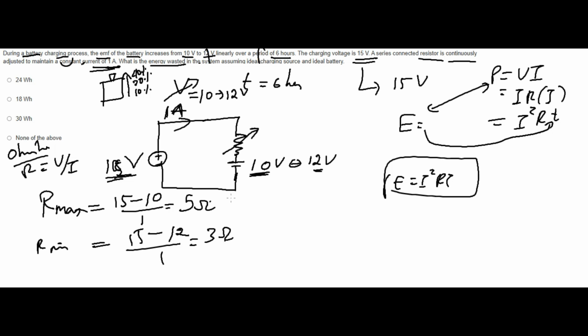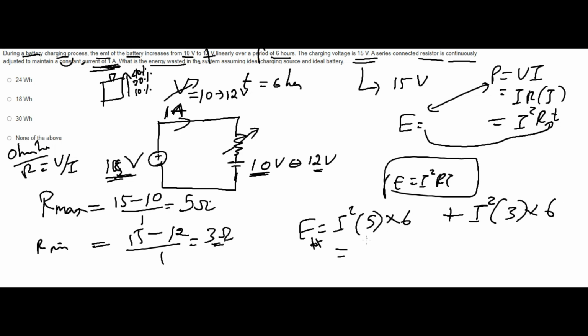Is that right? Now let's calculate. E is equal to I square R into T. For the first one, R is 5, T is 6 hours. Then plus, I get E total. I square, once again I is 1, because 1 amp current is given very clearly, into the next R, which is 3 ohm, into 6.